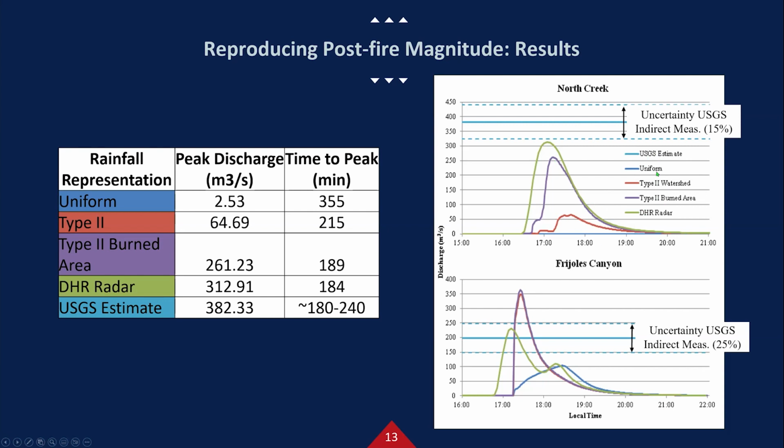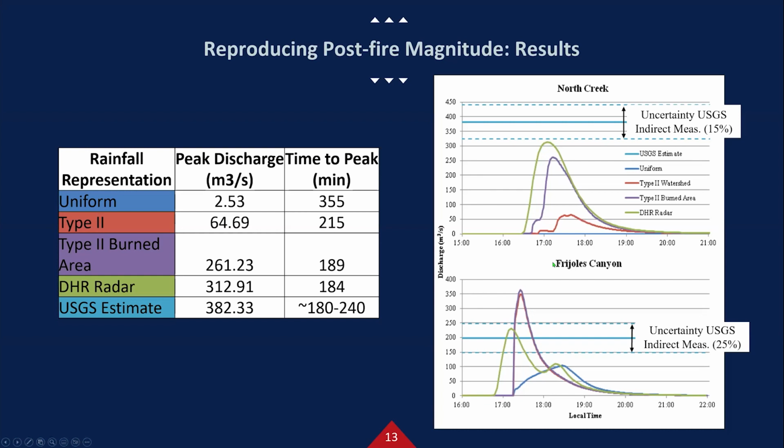In the uniform case, we're not generating any runoff, but the best match appears to happen with the type 2 burned area. So that's the purple one.